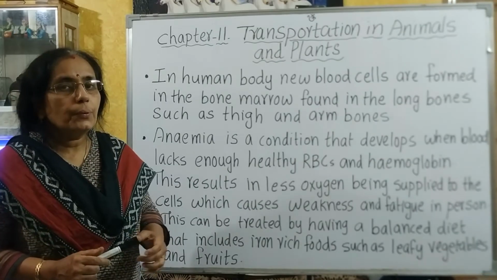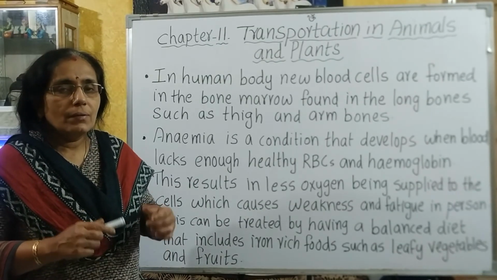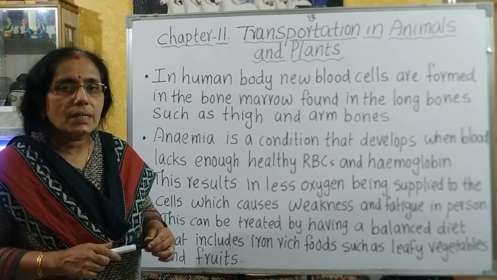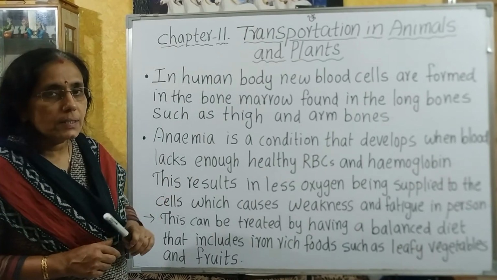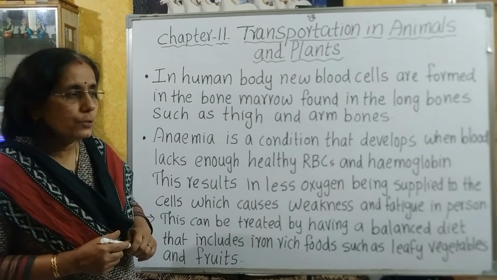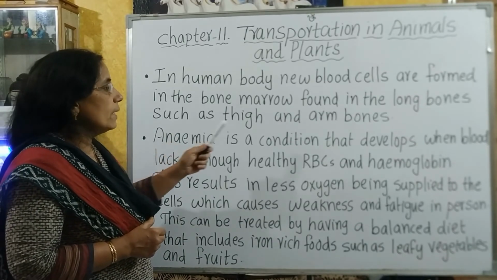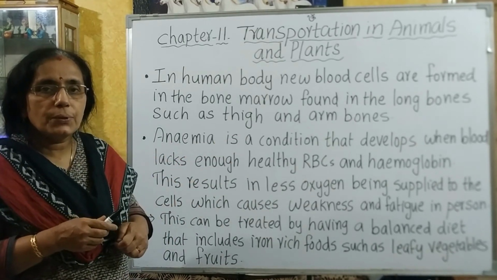Friends, now you know the importance of blood. Inside our body, where are these blood cells produced? In the human body, the new blood cells are formed in the bone marrow found in the long bones of thigh and arm bones. So, where are the blood cells produced?